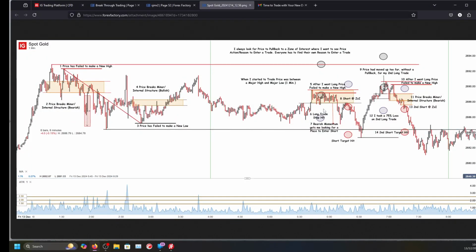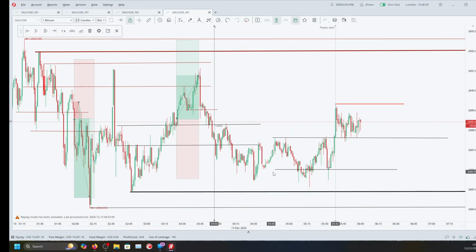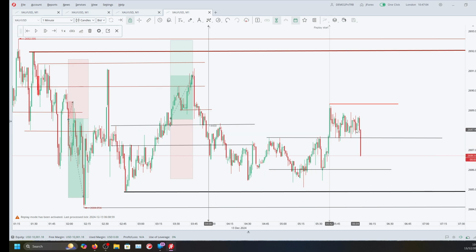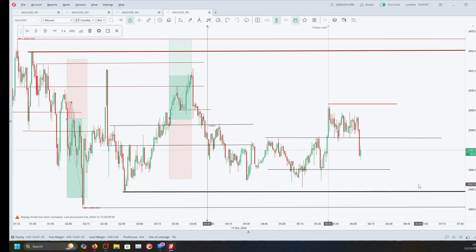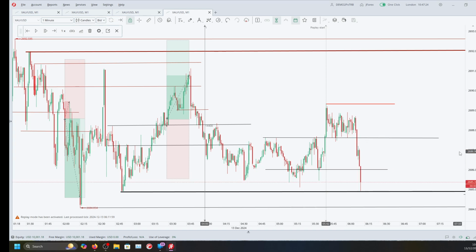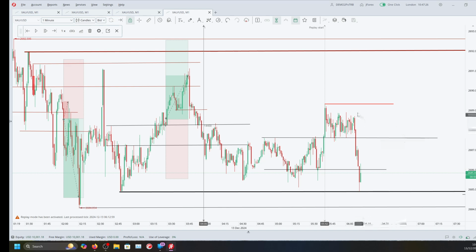My stop is down here, which isn't low enough really, but I was anticipating price continuing. Now I'm in trouble, because after that much consolidation within a zone, and then you see breaking out, now I'm thinking price is going the other way, but my stop has been hit now. Now I'm looking for price to come back.